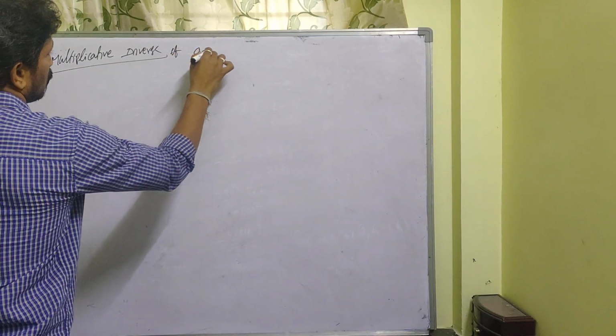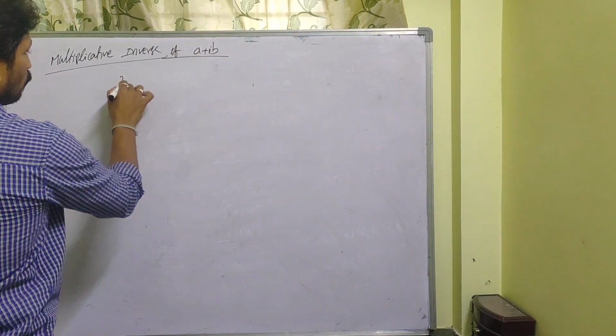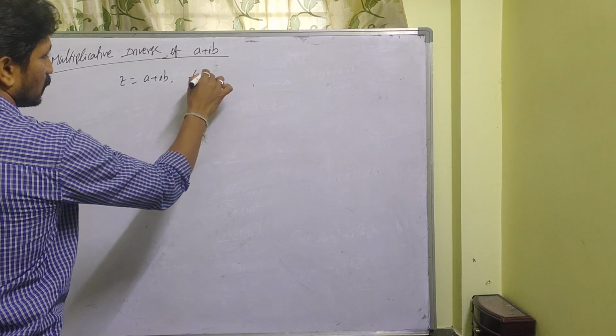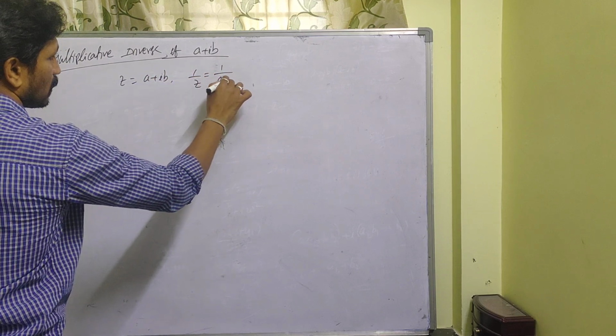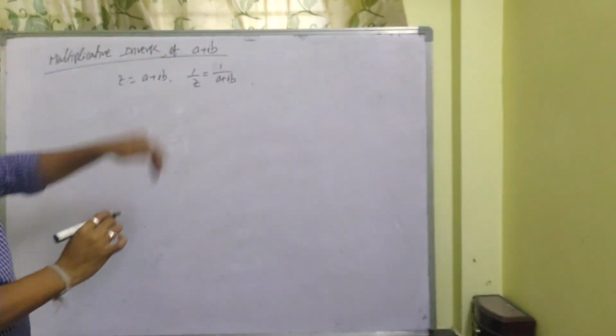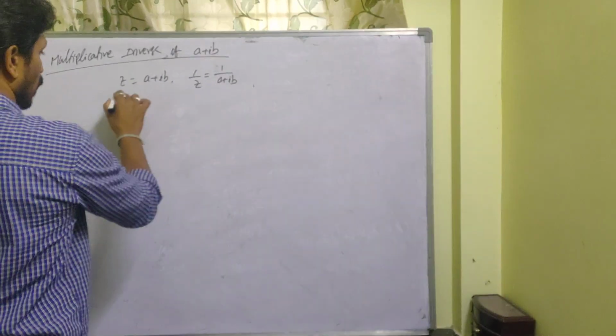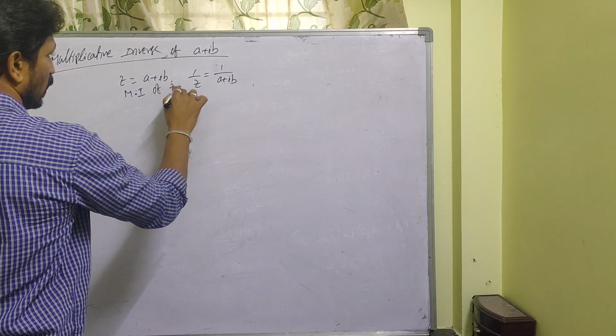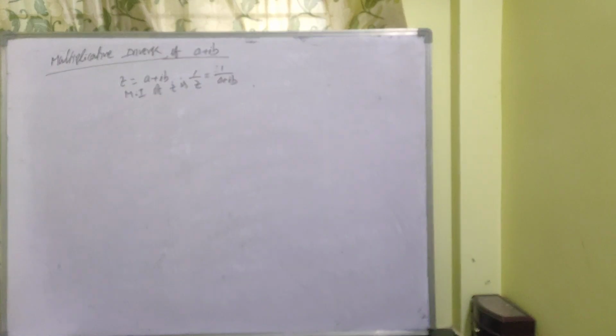Inverse of a plus ib. If z is equal to a plus ib, then 1 by z, which is 1 by a plus ib, is the multiplicative inverse of z.